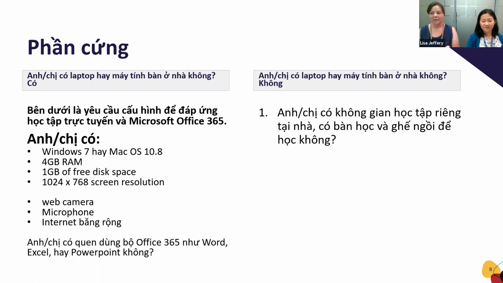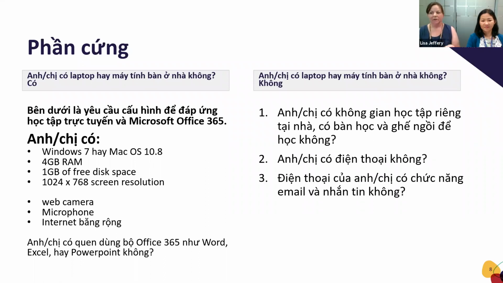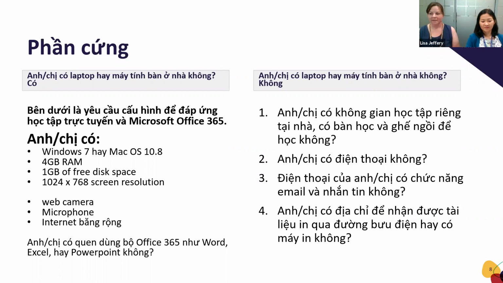We ask them if they have a dedicated space to study at home, if they have access to a telephone, if they're able to use email and text messaging on that phone, and if they have a residential address where printed resources could perhaps be posted.